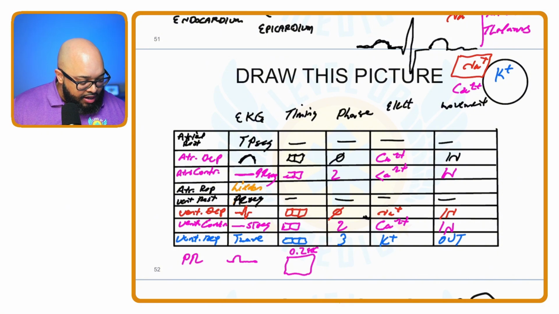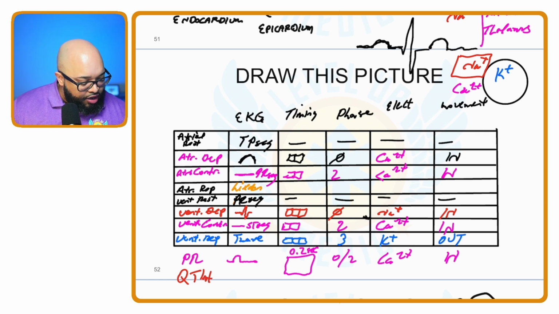Okay. Of course, the phase for that, because the PR is the P plus the PR segment, is phases 0 and 2. There again, it's going to be due to calcium, and it's moving in. So that's going to be phases 0 and 2 due to calcium, and it's moving in. And then another interval you want to know is the QT interval.